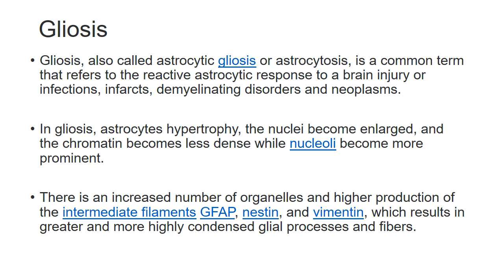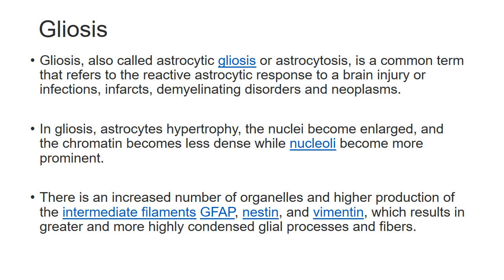Gliosis, also called astrocytic gliosis or astrogliosis, is a common term that refers to a reactive astrocytic response, not only to brain injury but also to infections, infarctions, demyelinating disorders, and neoplasms. In gliosis, astrocytes hypertrophy, the nuclei often enlarge and the chromatin becomes dispersed and less dense, and the nucleoli often become prominent.